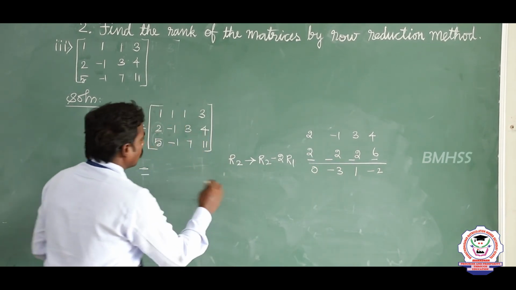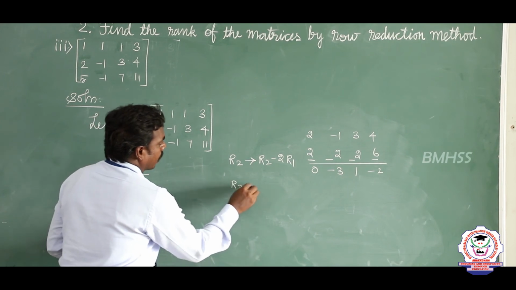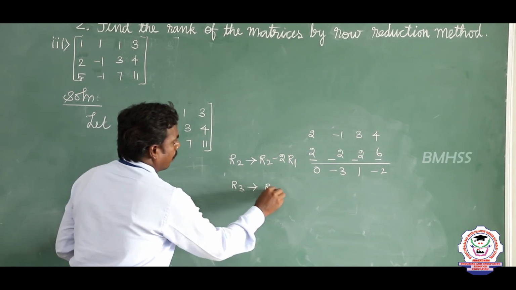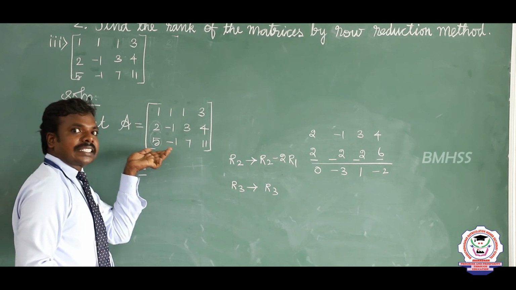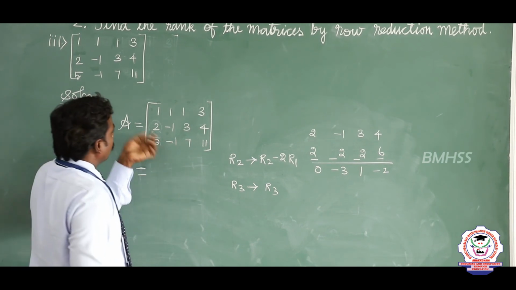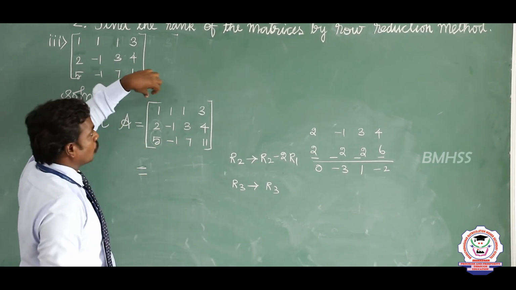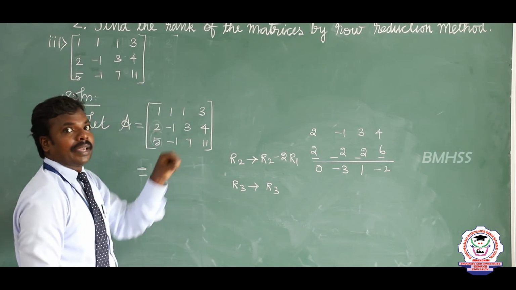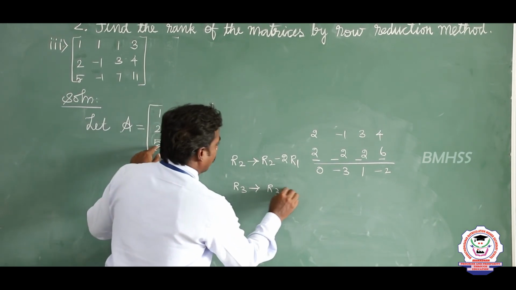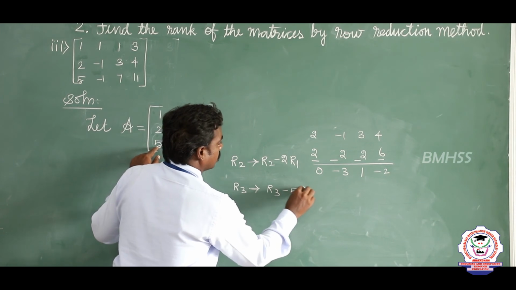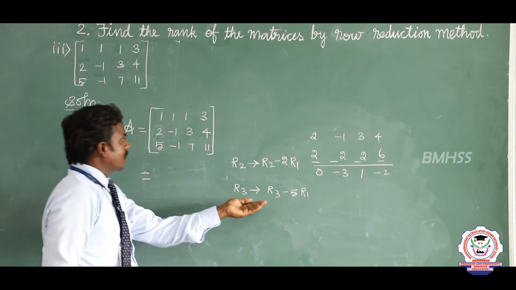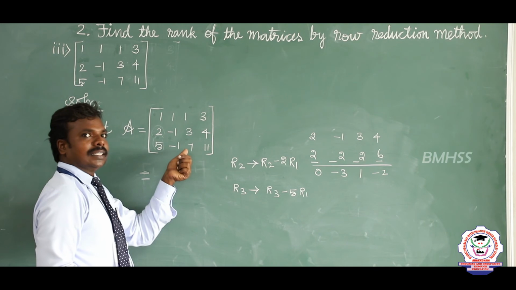Listen, in the third row R3, the first element is 5, and in the first row the first element is 1, so the first row elements are multiplied by 5: R3 minus 5R1. The elements in R3 are 5, minus 1, 7, 11.